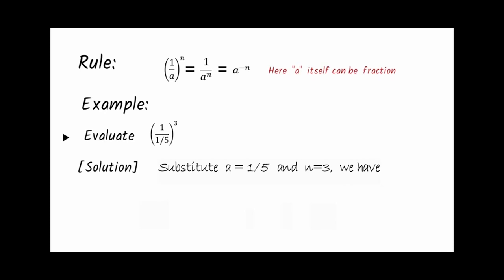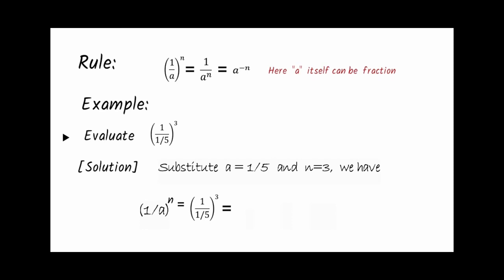And the power n in the rule is equal to 3 in our example. Okay? So keep this in mind that we have a is equal to 1 over 5 and n is equal to 3. Okay? So using the rule, what we have is 1 over a raised to the power of 3. Okay? And following the rule, this is equivalent to a raised to the power of negative 3.